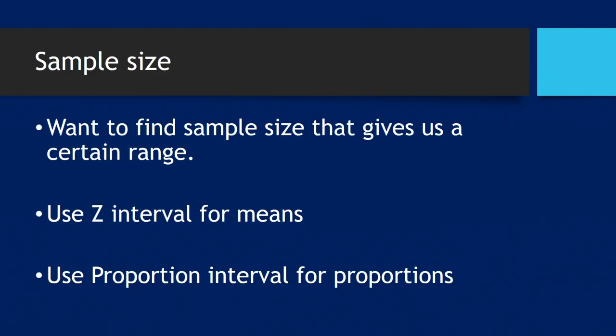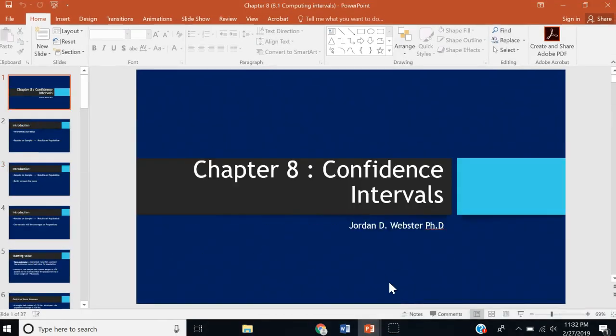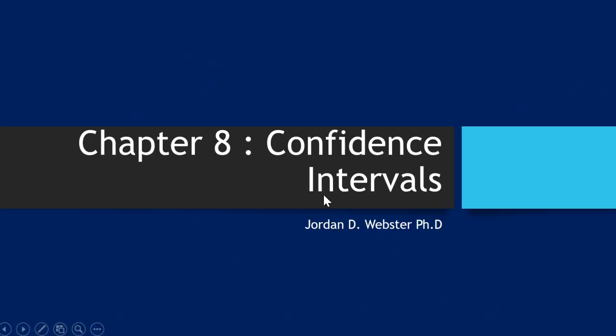Now, in the mathematical sense, whenever we are doing this for averages, we're going to use the same formula that we used when dealing with the z-interval. And whenever we're dealing with proportions, we're going to use the same formula we used in proportion intervals. All right. Now, let me flip back to what those intervals were.